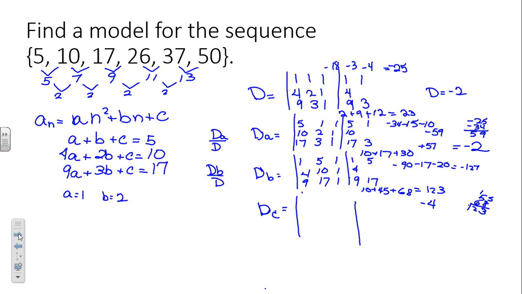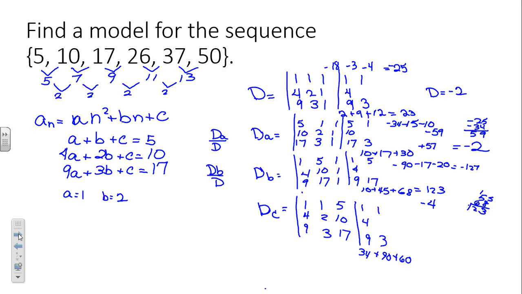5, 10, and 17 are going in my last column. And then our 1, 4, and 9, and 1, 2, 3. So it takes up a lot of space, but doable. All right, so 1, 4, 9, 1, 3, downward diagonal 34, 90, and 60.